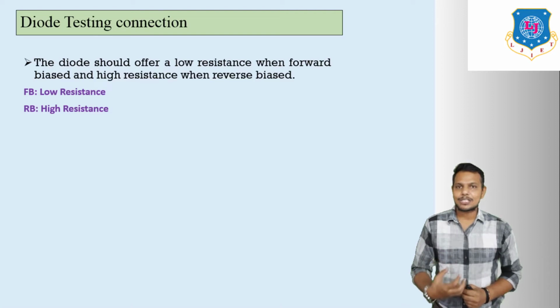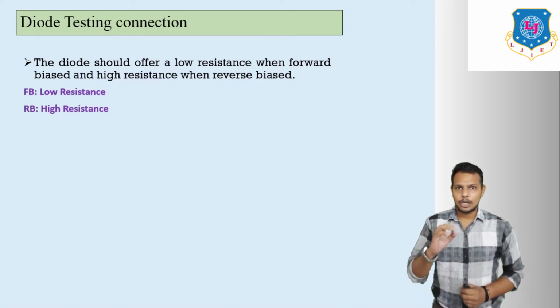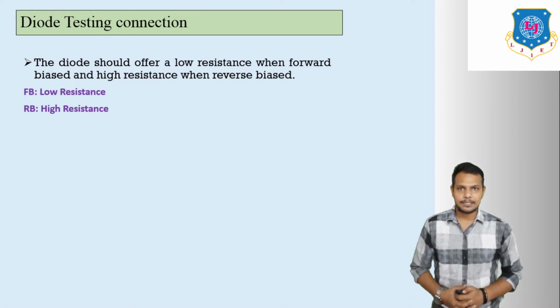But in reverse bias there is high resistance, that means it becomes open circuited, and no current flows in an open circuit. So if low resistance is indicated on the multimeter, it is in forward bias, and high resistance shows it is in reverse bias.